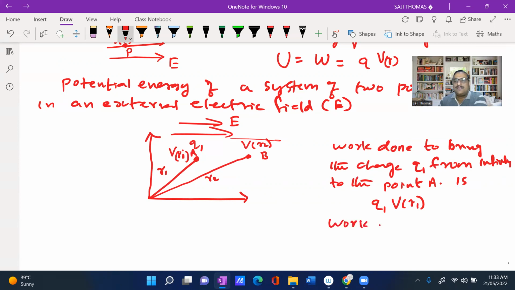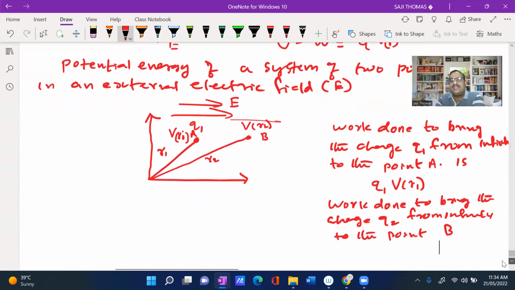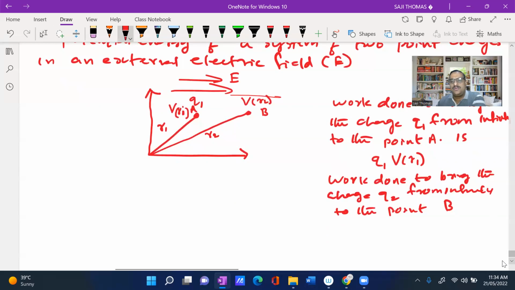Work done to bring the charge Q2 from infinity to the point B, whose position vector is R2, is Q2 into V(R2).